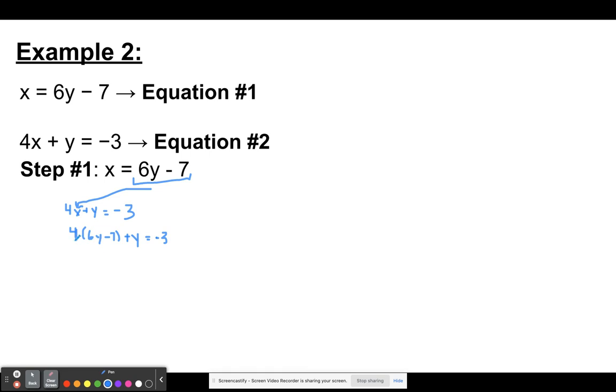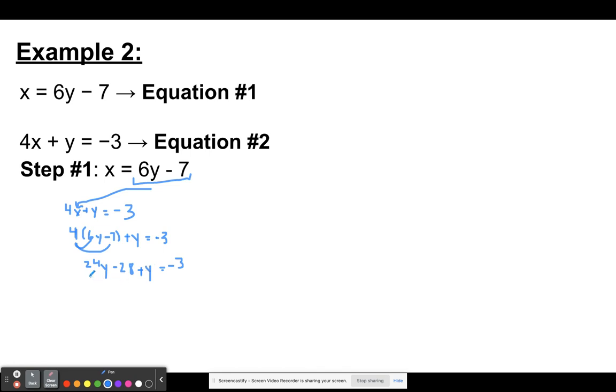I'm going to take this 4 and distribute it to what's in my parentheses. So 4 times 6 is going to give me 24y. And then 4 times negative 7 is going to give me negative 28, plus y, because I still have this plus y from outside of my parentheses, is equal to negative 3. I'm just going to rewrite that plus sign because it looks a little bit like a 7.